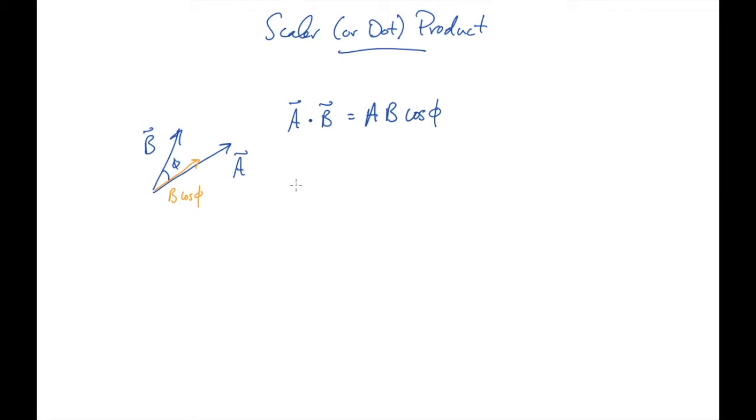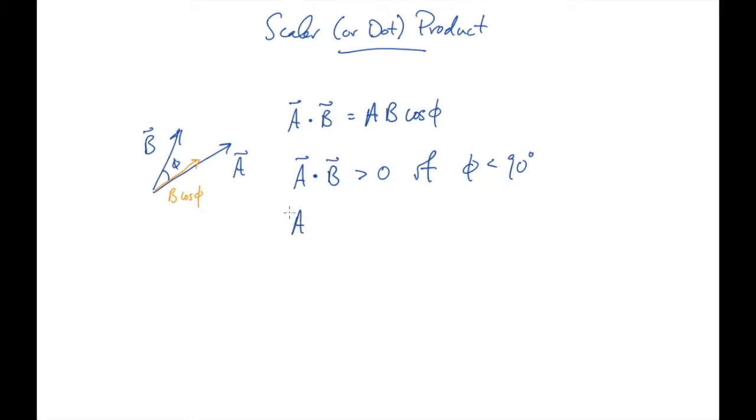The dot product can be positive, it can be 0, or it can be negative. It is positive if the angle phi is acute, if the angle phi is less than 90 degrees. That is, if the two vectors have components in the same direction as each other.